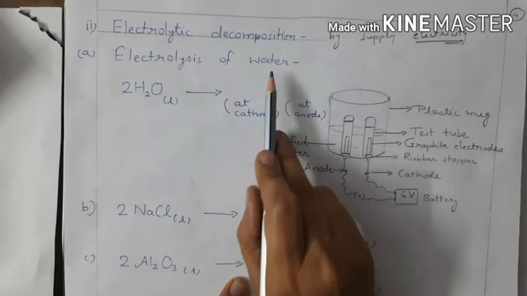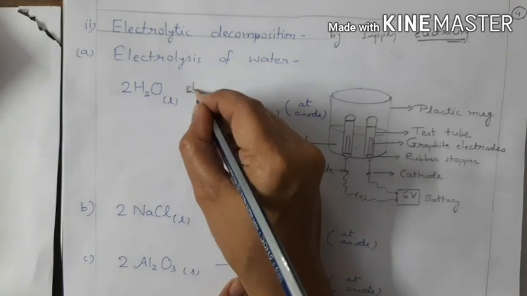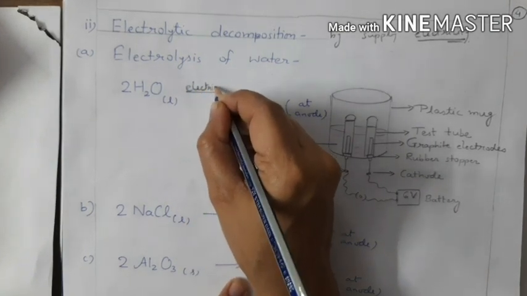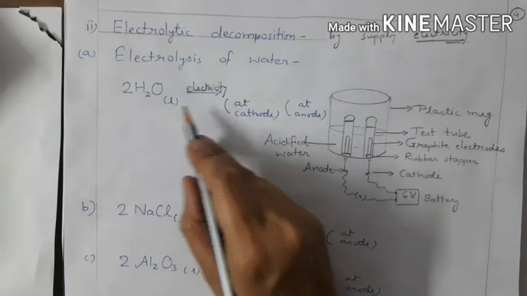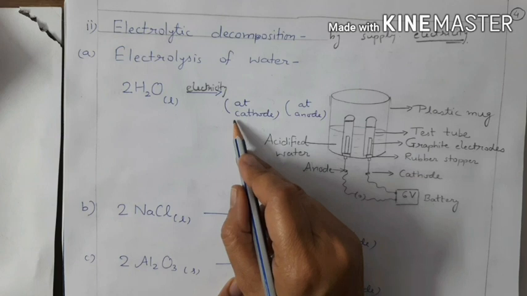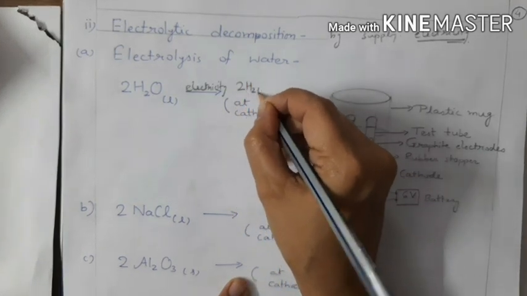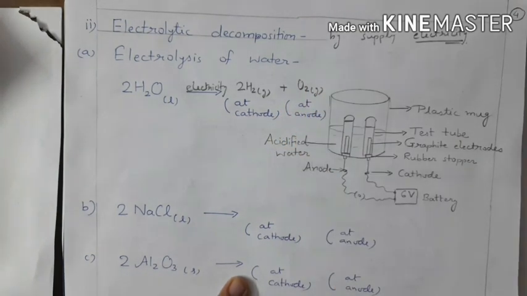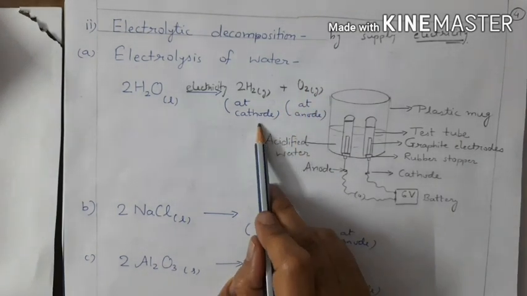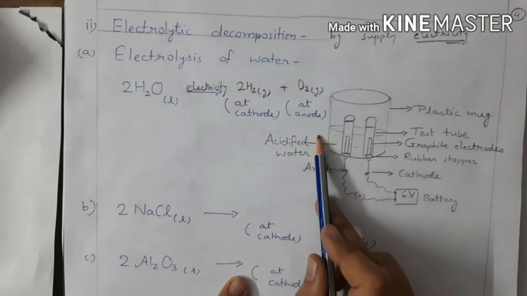When water is electrolyzed, when we allow electricity to pass through it, it decomposes, breaks down into two substances. They are hydrogen gas and oxygen gas. The hydrogen gas is obtained at the cathode, while oxygen gas is obtained at the anode.